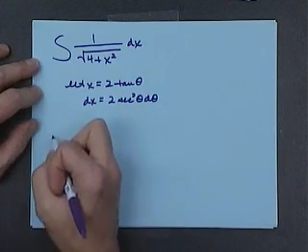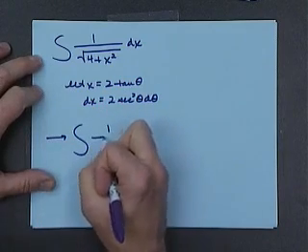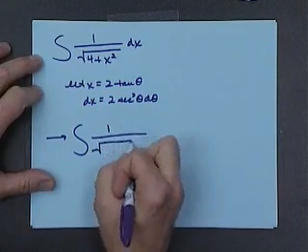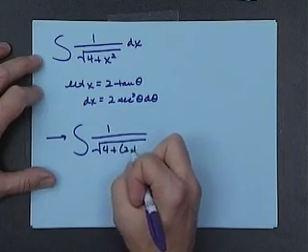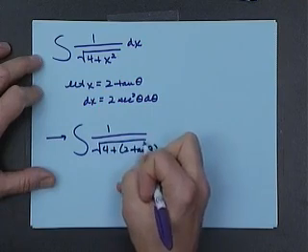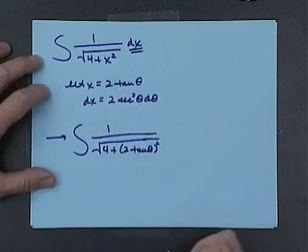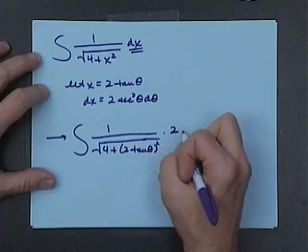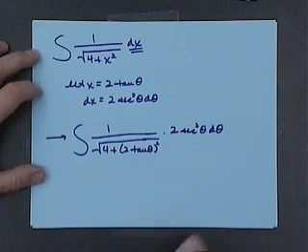All right, so what does that look like? Let's see. 1. Down here we've got 4 plus 2 tangent theta squared. And up here we've got to replace dx with 2 secant squared theta d theta.